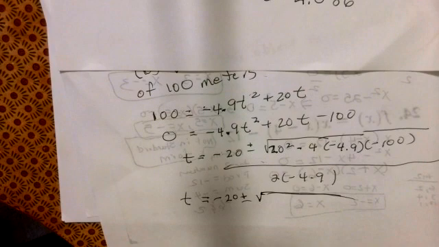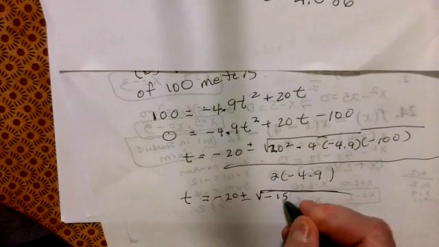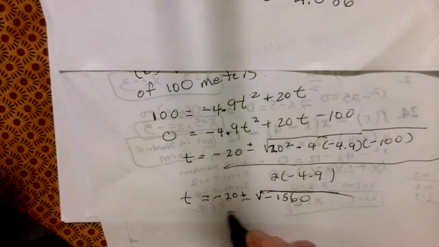Hold on just a minute. Clear it again. 20 squared minus 4 times 4.9 times 100. That comes out to be a negative number. So what does that mean?